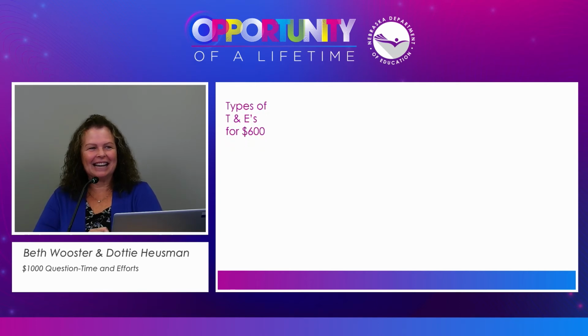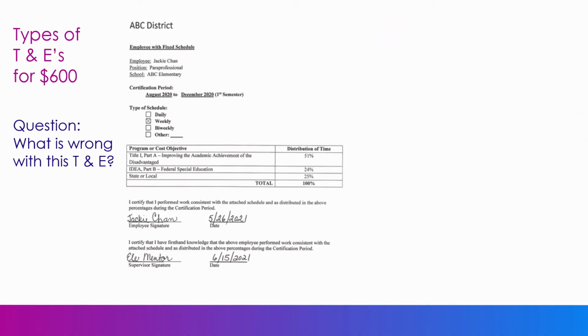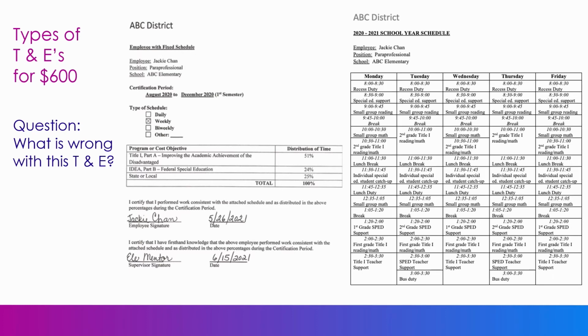All right, types of time and effort for 600. What is wrong with this time and effort? Do you have the other one? Yeah, there it is. So those two pieces need to go together. And this is an example of what they call either the substitute time and effort or the alternate time and effort.